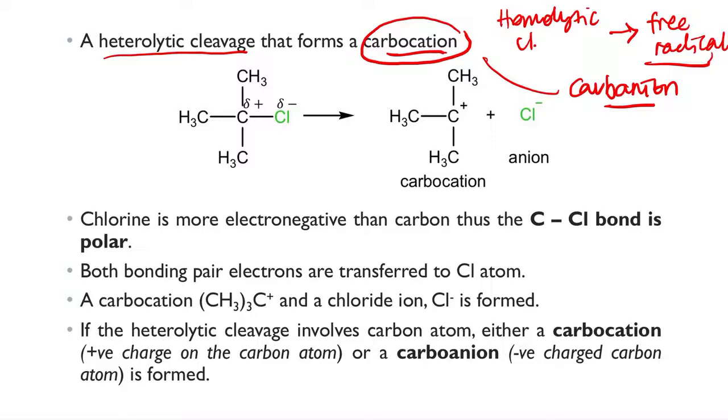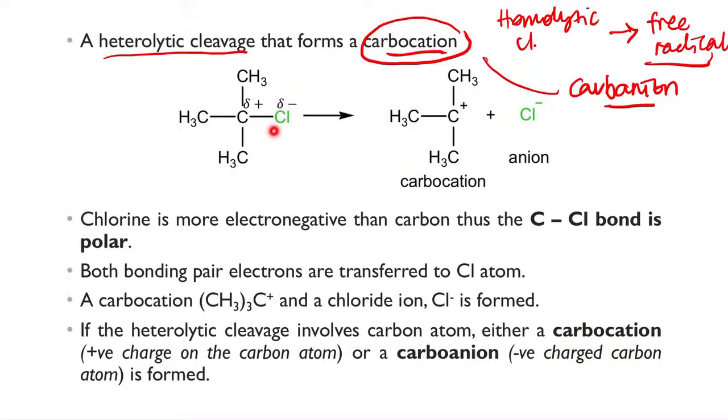Okay. Alright. So since heterolytic cleavage dia occur between when you have polar bonds. Okay. So here you have C, CH3, CH3, CH3. So between carbons ni tak ada sangat beza electronegativity. But between carbon and chlorine, you have difference in electronegativity. So this chlorine is more electronegative. Okay.